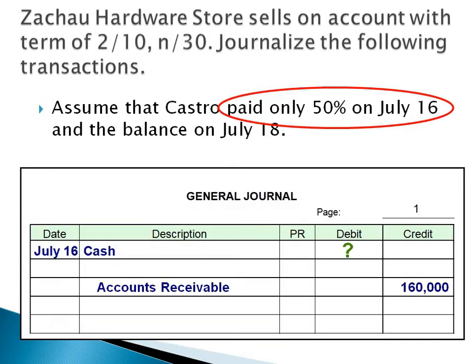Having said that, how much must be the debit to cash? 160,000 pesos also. Same as the amount of the credit to accounts receivable. There is no debit to sales discount here for Sakaw because Castro is not entitled to a discount for partial payment, since the problem is silent with regards to the granting of discount for partial payment.